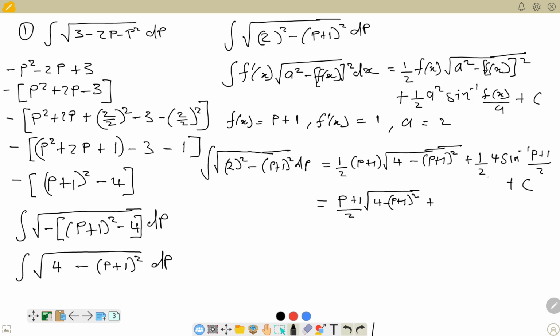This side, 4 divided by 2, is actually 2, then arc sine of p plus 1 over 2, plus c. So that's it. We have successfully integrated by completing the square. Then we can look at another problem where we can apply completing the square.